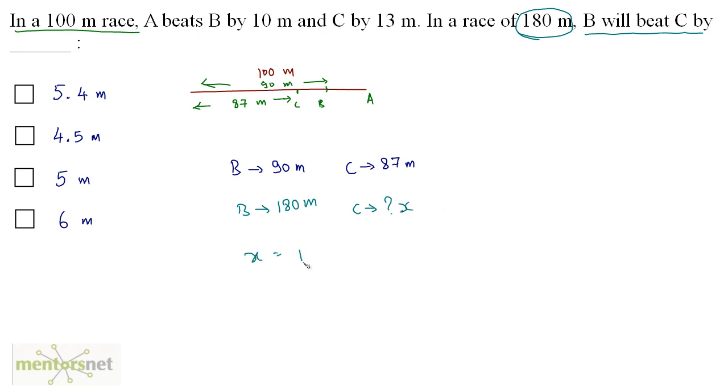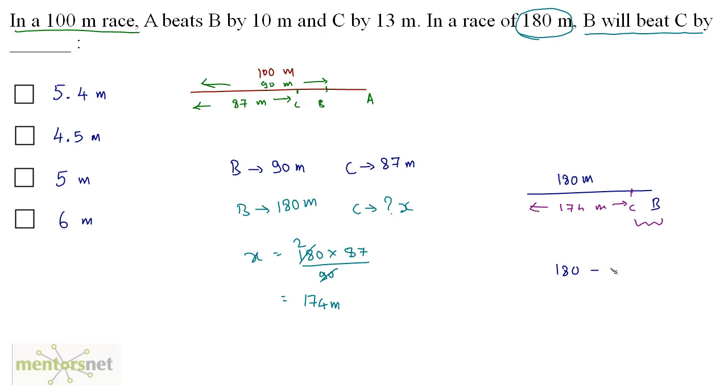So x is equal to 180 times 87 divided by 90. 90 times 2 is 180 and 87 times 2 is 174 meters. C has traveled 174 meters. So how much distance has C traveled less than B? This will be 180 minus 174, which is equal to 6 meters. So B has beaten C by 6 meters, and that is option D.